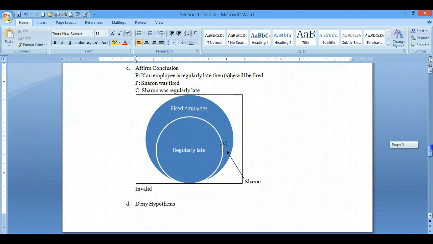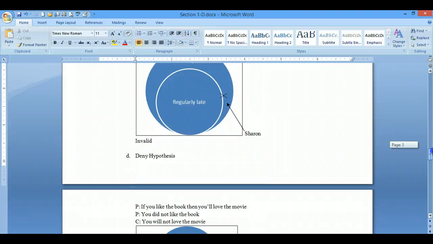Let's try the next one, denying the hypothesis. If you like the book, then you'll love the movie. You did not like the book. Conclusion, you will not love the movie. Now, again, you can go up and use your chart, but we're going to verify that this is indeed an invalid argument. So, if you love the book, then you'll love the movie.